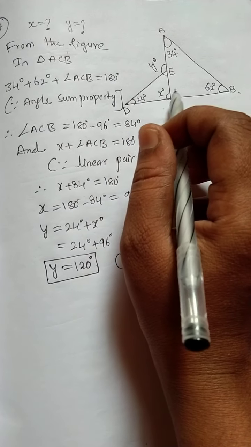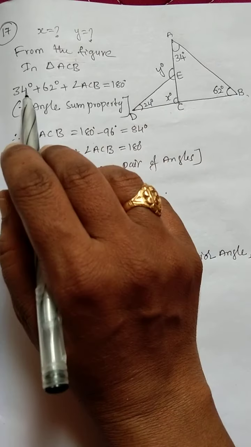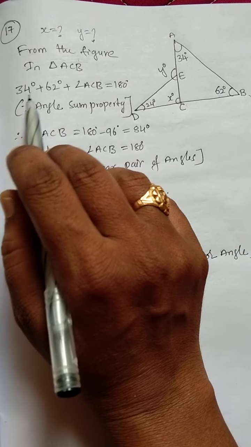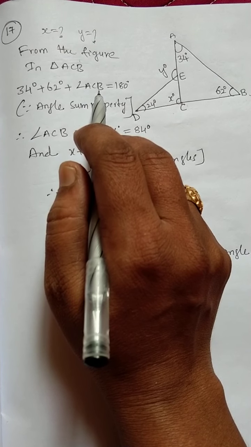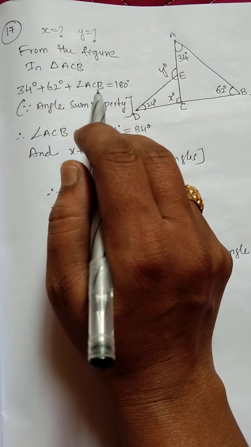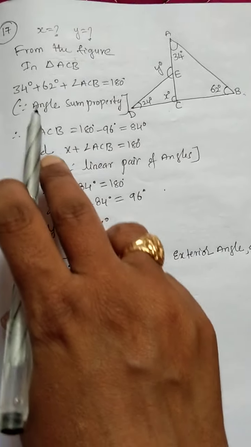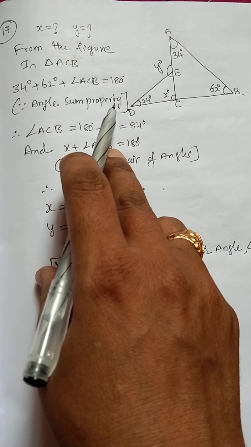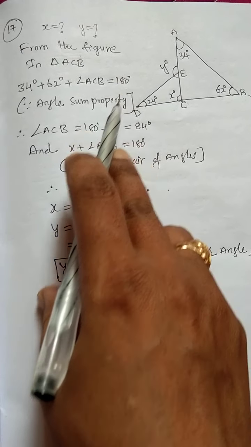Here we should take this angle ACB. So I took 34 plus 62 plus angle ACB, the unknown angle, equals 180 degrees. The reason I also wrote here: angle sum property means the sum of three angles in a triangle is 180 degrees.